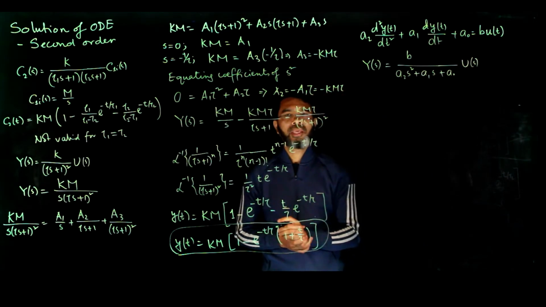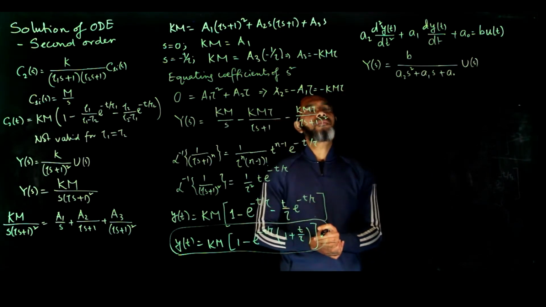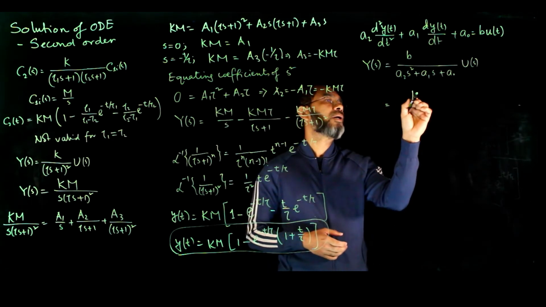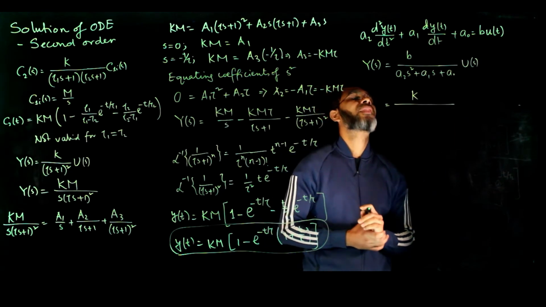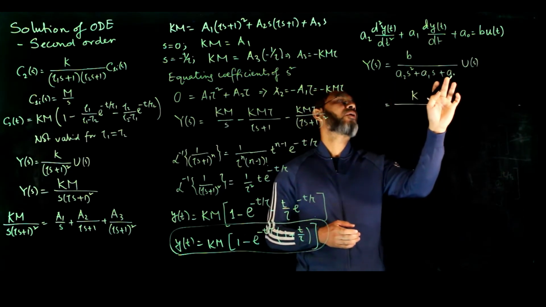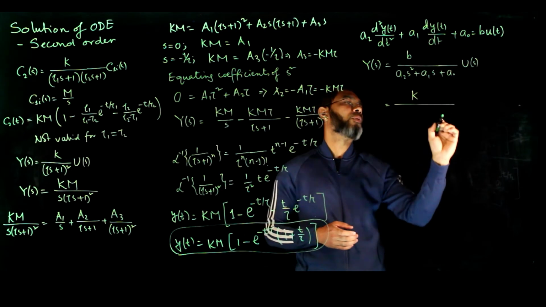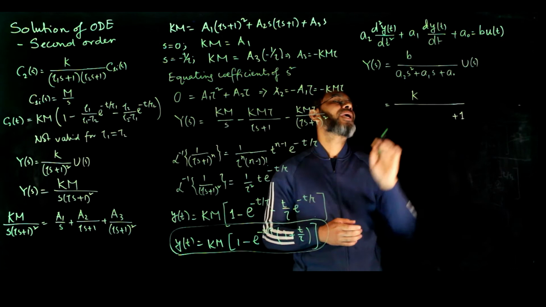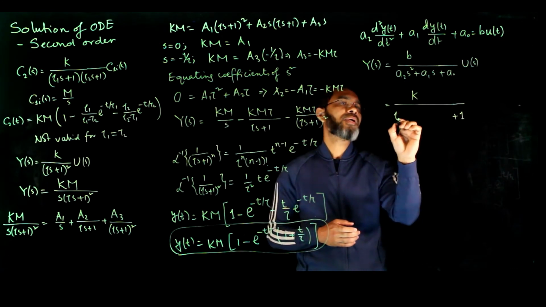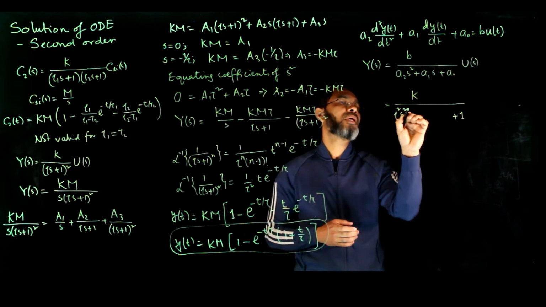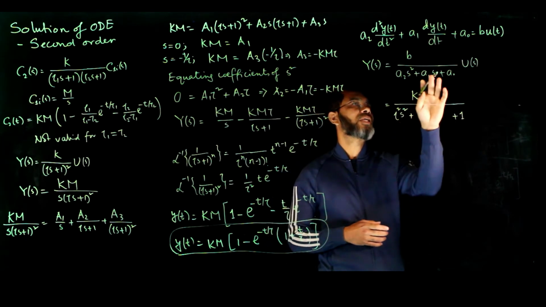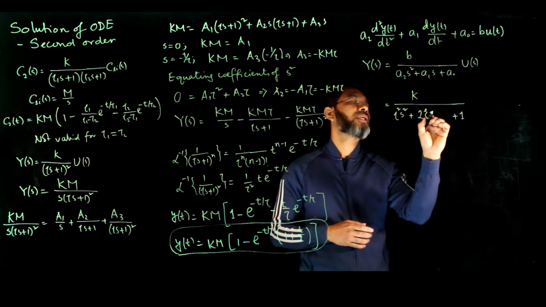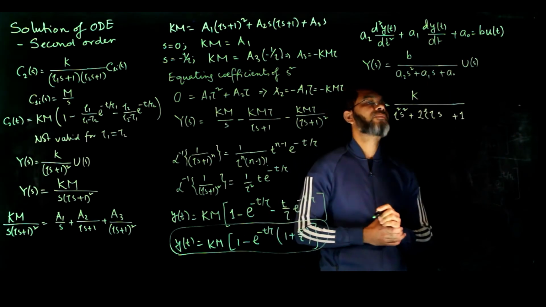In the so-called standard form, this is written using the notation K. We divide everything by a naught to make the last term 1, and a2 over a naught is written as tau squared s squared, and the a1 over a naught term is expressed as 2 xi tau s.